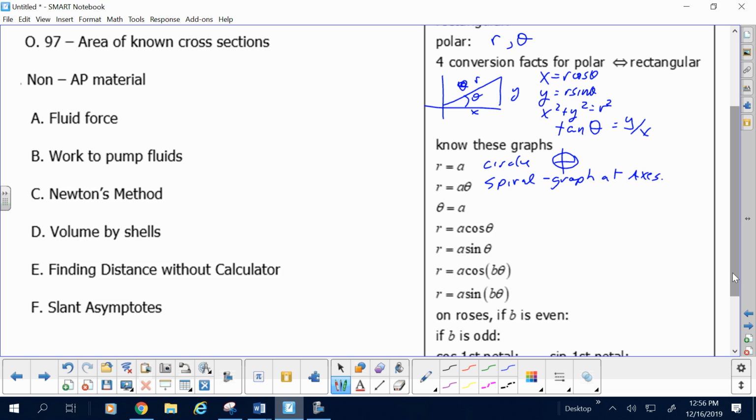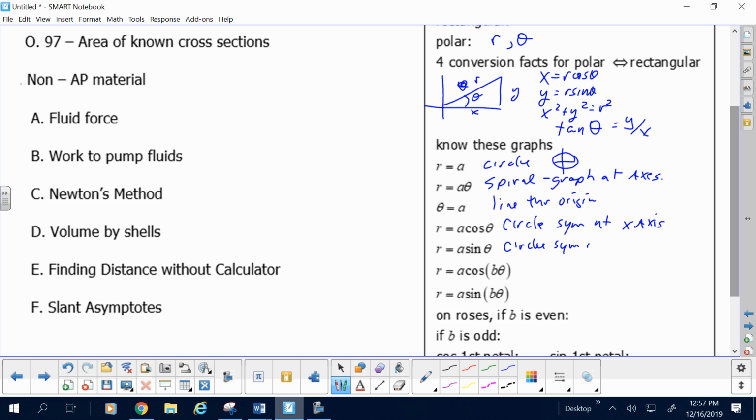Theta equals A is a line through the origin. R equals A cosine theta. Circle symmetric where? At the x-axis. Radius of A or diameter of A? Diameter of A.